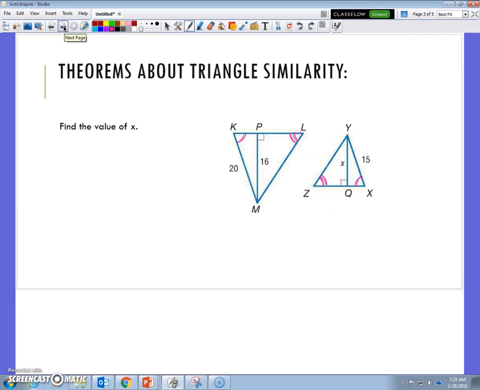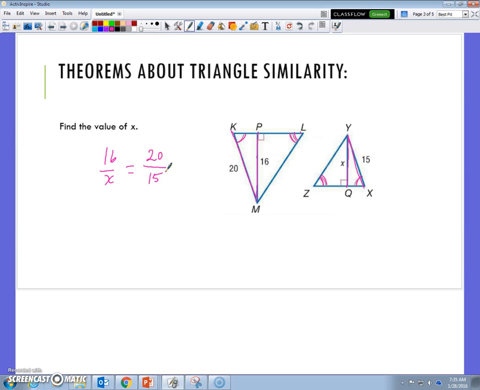So we need to decide which way we're going, either from the big triangle to the small triangle or small to big. This theorem guarantees that the ratio of the altitudes is the same as the ratio of the corresponding sides. So I'm going to say that 16 to x is equal to 20 to 15.